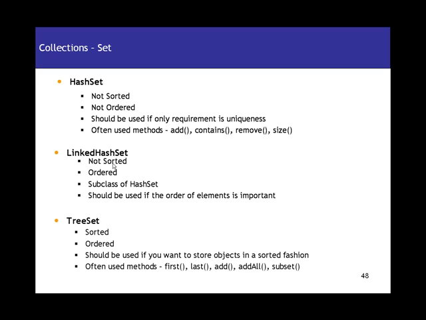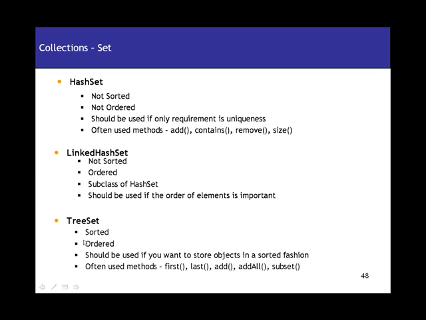So it can either be ordered and not sorted, or it can be not ordered and not sorted, or it can be sorted and ordered, but it can never be sorted and unordered. So that means if an implementation is sorted, for sure there's a guarantee that it is ordered as well, right? And the order would be a natural order there, right?